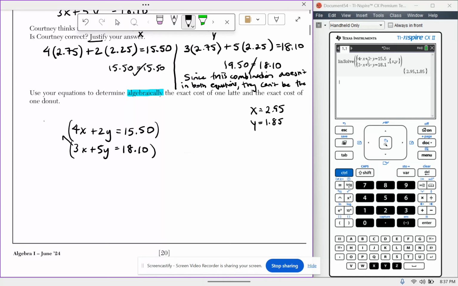So the 3 is going to come up here, the 4 is going to come down here, and I'm just going to make one negative. Now I distribute that to each term in the parentheses.